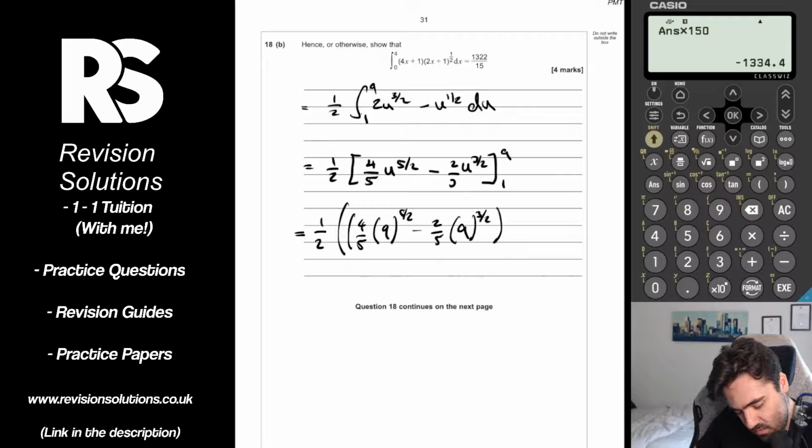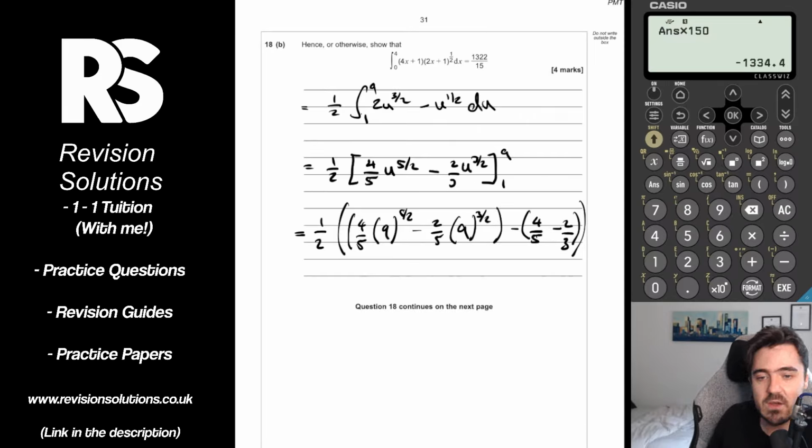We could just do the square root and the cubing, but I would rather just plug it in the calculator. And then minus the bottom limit. Well, the one limit's easy, because that would be 1 and this would be 1. So let's save ourselves a little bit of work there and just realize that the second bracket's just 4/5 minus 2/3. And I'm going to type all that in the calculator just to check that it does come out.